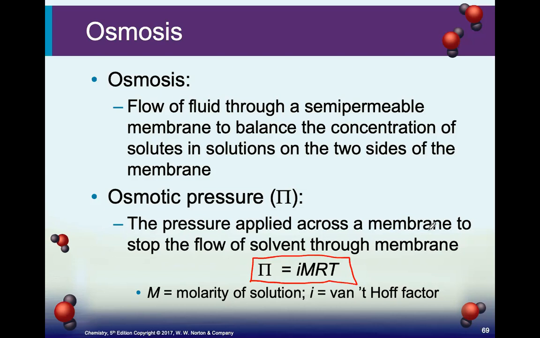For example, if we look at the red blood cells in our body, they have the same osmotic pressure inside the red blood cells as there is outside, in the blood plasma. So that needs to be maintained. When you put in an IV, whether it's a salt IV or a sugar or glucose IV, that IV has to have exactly the same osmotic pressure as your plasma.